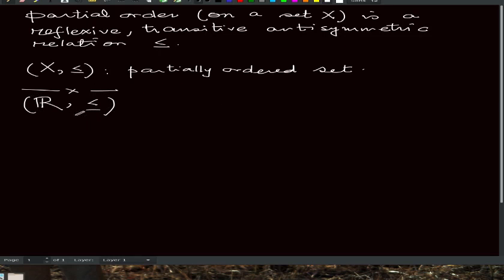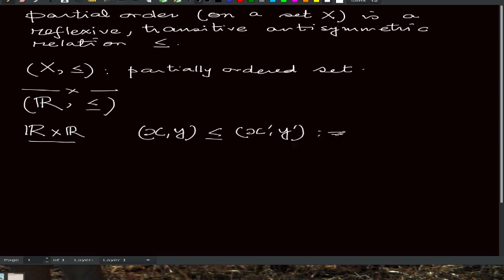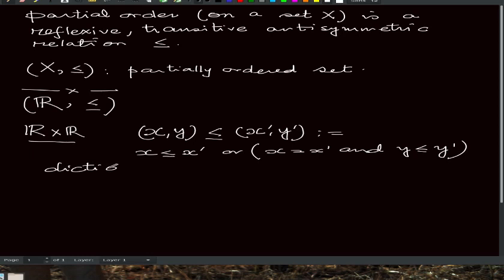Or here is another partial order on R cross R, usually called the dictionary order. (x, y) is less than or equal to (x prime, y prime) means either x is less than x prime, or x is equal to x prime and y is less than or equal to y prime. So this is usually called the dictionary order or the lexicographic order.